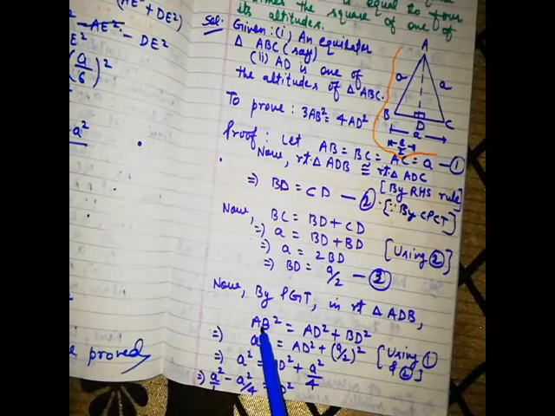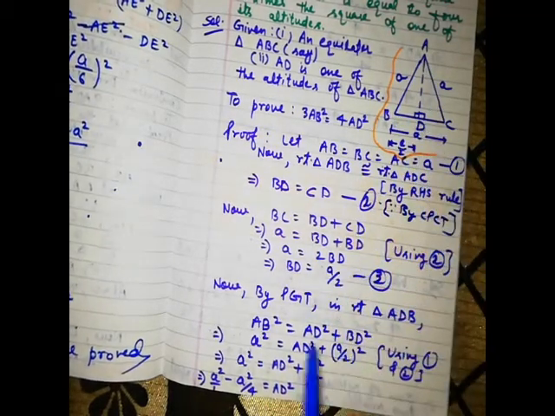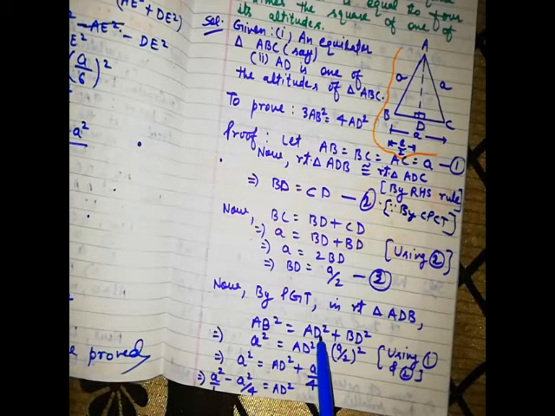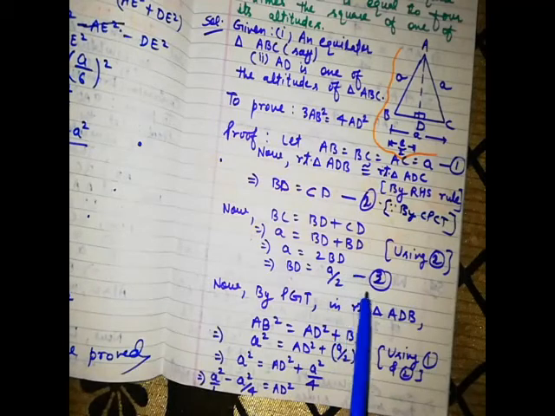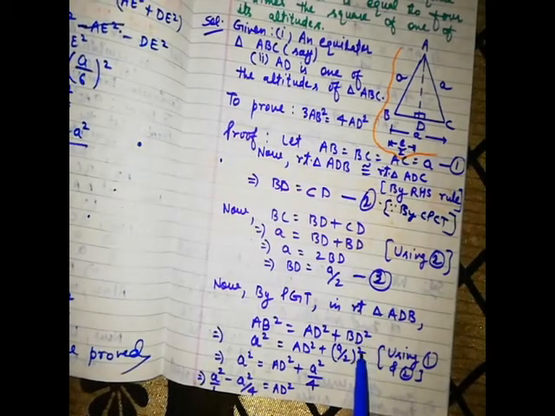Here hypotenuse is AB and perpendicular is AD and base is BD. We know AB and it is a, so here we get a square, and AD square comes as such, and this BD is a by 2.